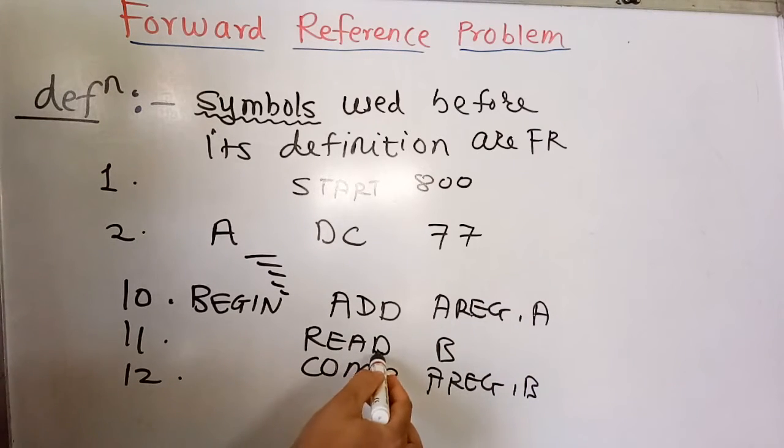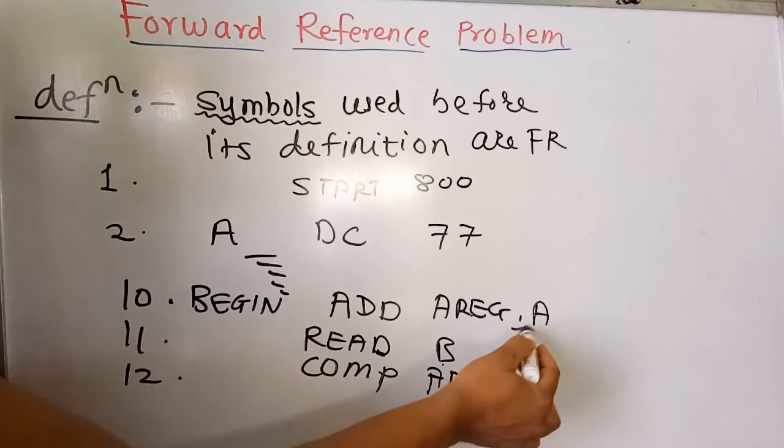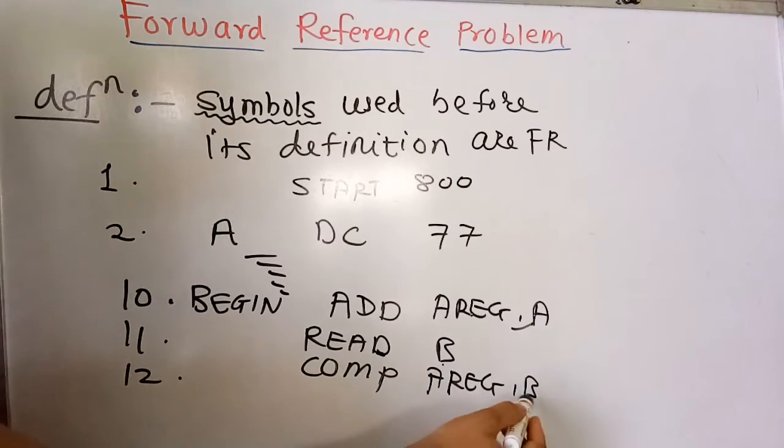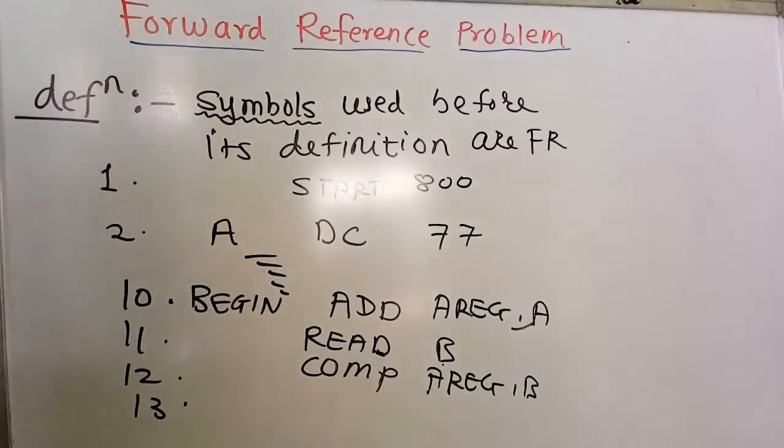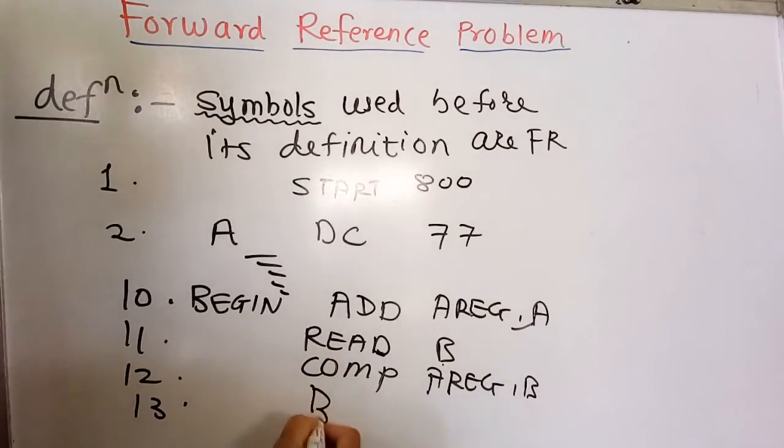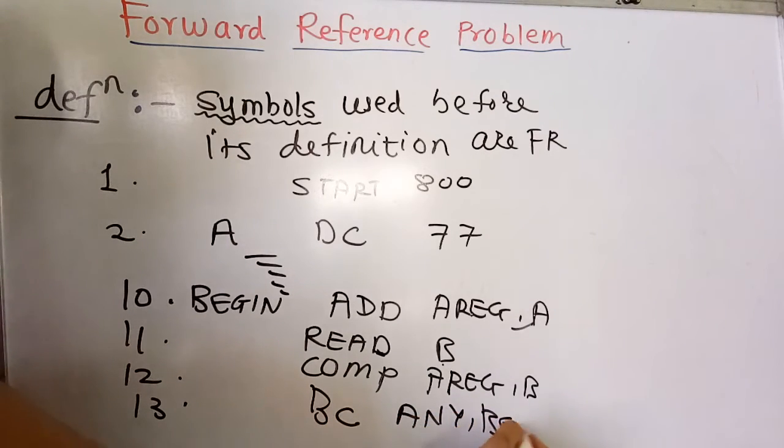Then we will again READ B. Compare the A register, meaning the actual value of this, with this B. Then we will declare one statement like BC. Okay. Then it has a statement like END and BEGIN. Okay.